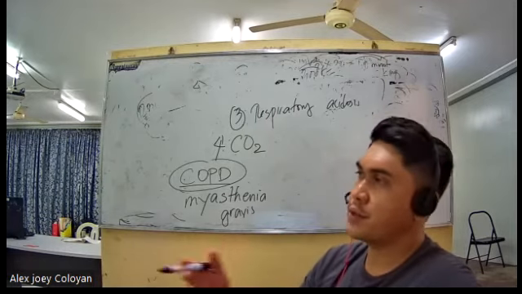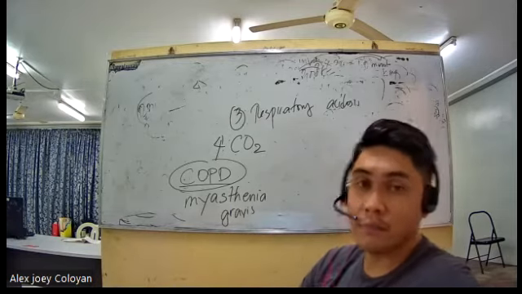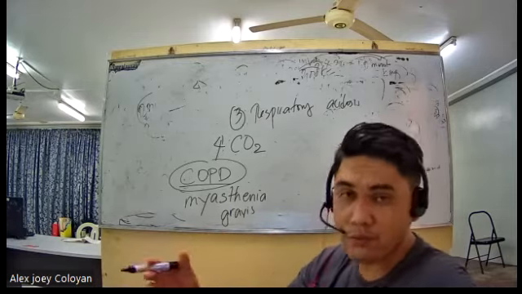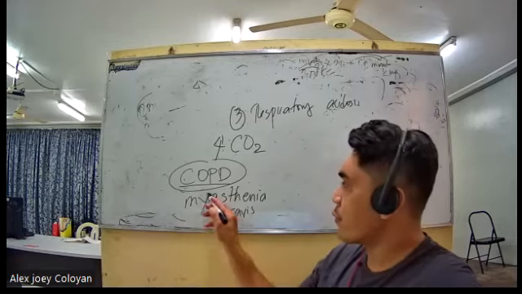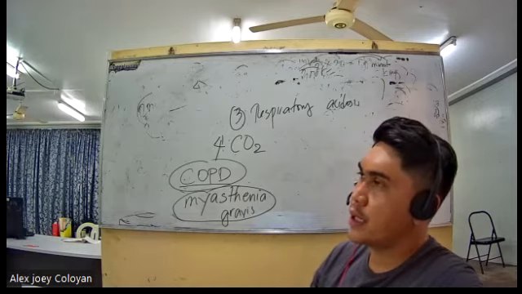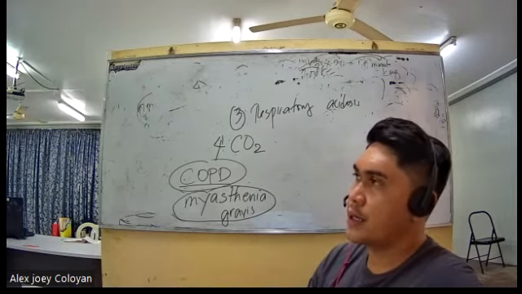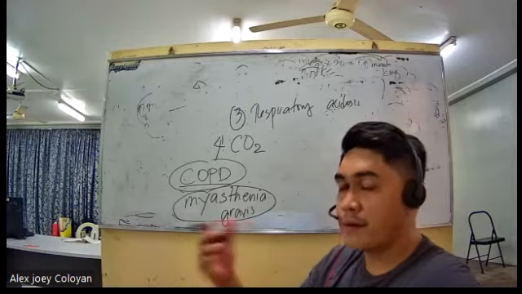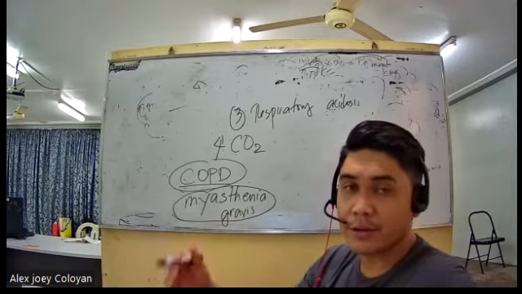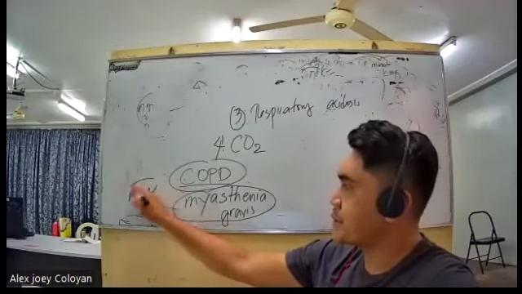The function of nerves is to send signals to your muscles for your muscles to move. So since myasthenia gravis has autoantibodies that attack the nerves, it's associated with muscle weakness.